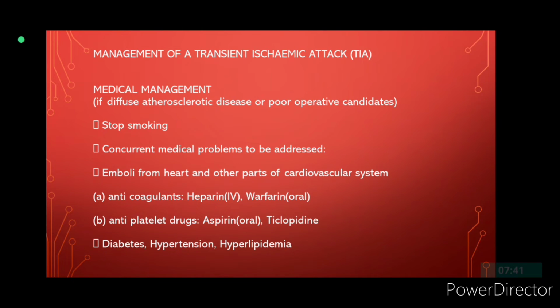Emboli from heart and other parts of cardiovascular system: A. Anticoagulants, heparin, warfarin. Heparin should be given IV, intravenous. Warfarin can be given orally. B. Antiplatelet drugs, aspirin, oral, ticlopidine. Diabetes, hypertension, hyperlipidemia.